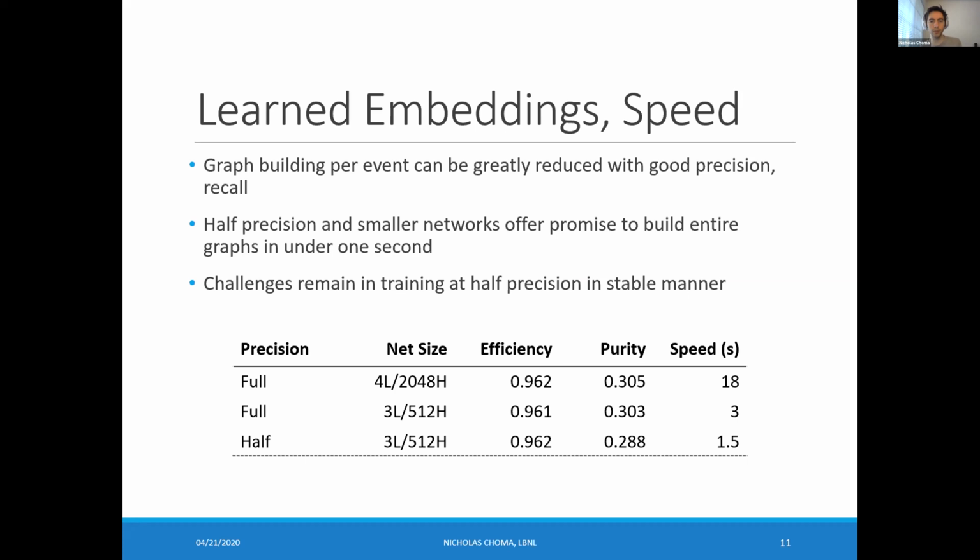And the difficulty here is we're still having some trouble with convergence, but the nice thing is that going to half precision really doesn't change the results too much. And so we're still exploring how we can further reduce the network size. There are a whole bunch of different optimization strategies for getting that speed down even more so that the embedding stage takes below 1 second per event.